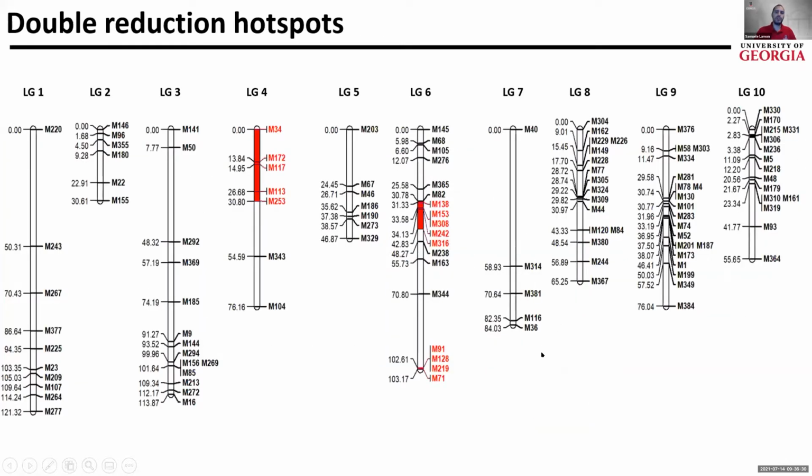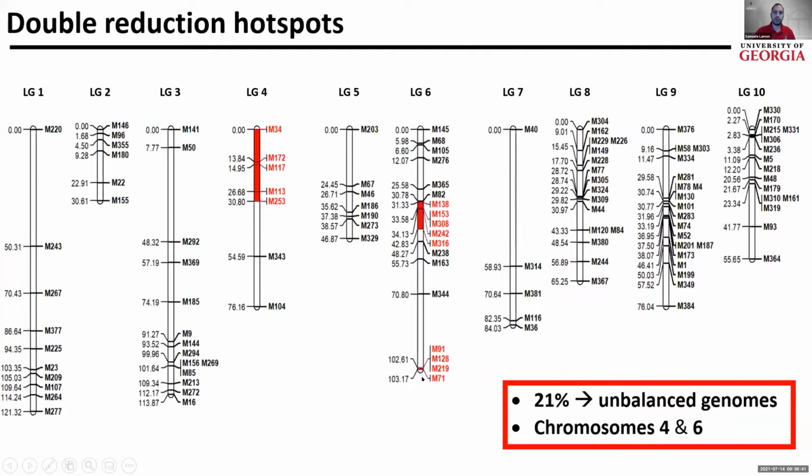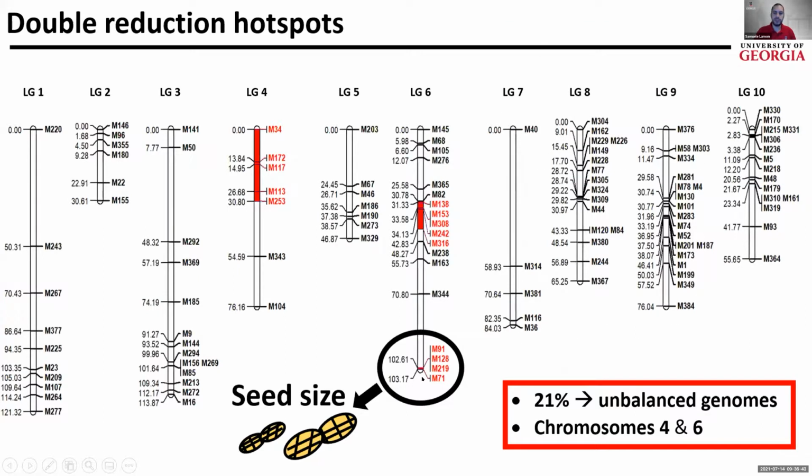Using these markers, we were able to create a 10-group linkage map. Here in red, you can see the hotspot for double reduction events. 21% of the progeny show at least one clear case of double reduction, and all the events occurred in chromosomes 4 and 6.